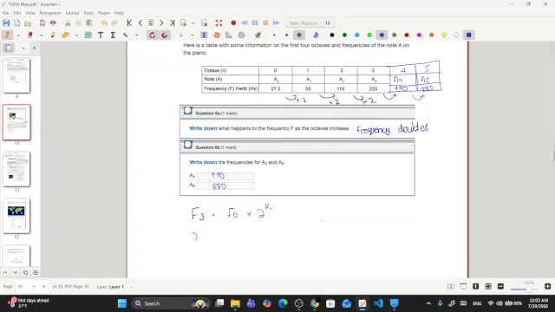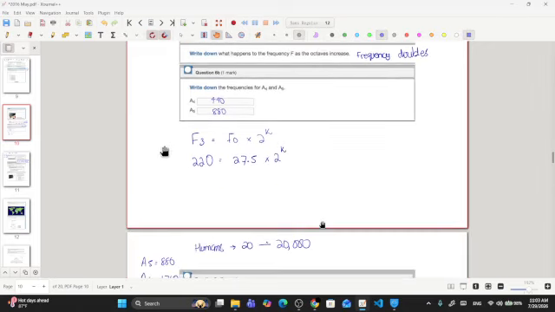F3 is written as 220 and F naught is represented as 27.5, and that should be represented as 2 raised to the power of k. 220 should be divided by 27.5 to give us the value of 2 raised to the power of k. So if we divide 220 by 27.5, wow, we get an answer of 8. So 8 equals 2 raised to the power of k.